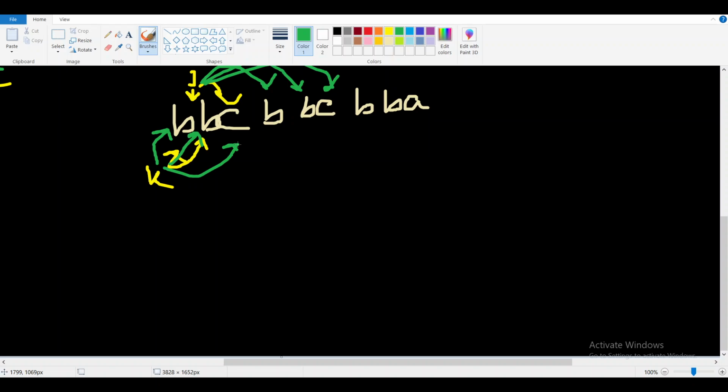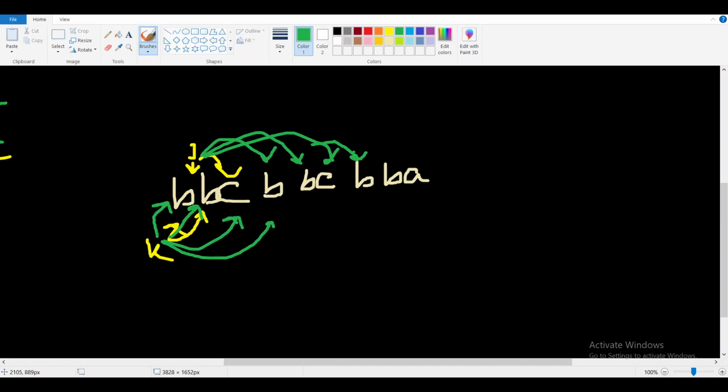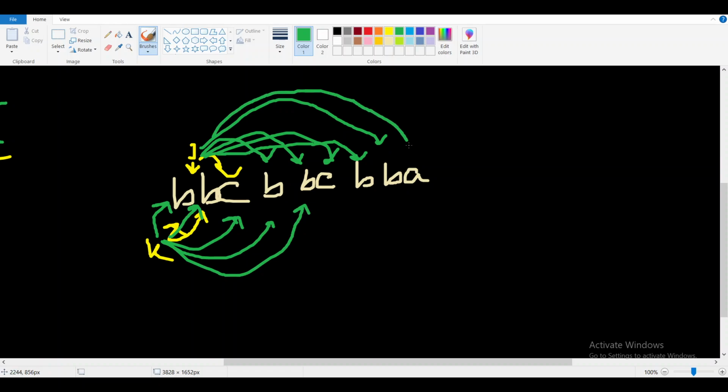This time Sk is C and Sj is also C, so K and J move forward. Again Sk equals Sj, so we move both pointers forward. Now this is also matching, so J pointer will move to A, but the K pointer will move to C.